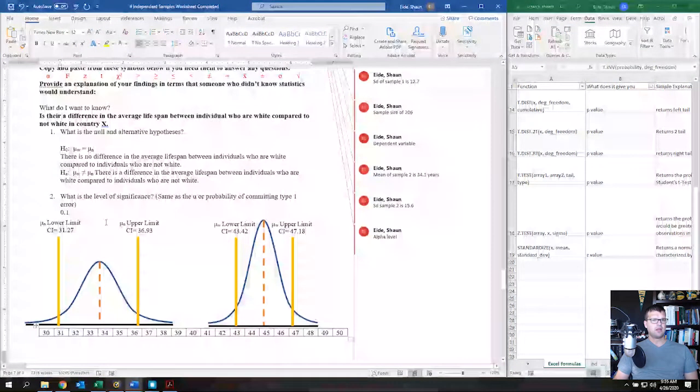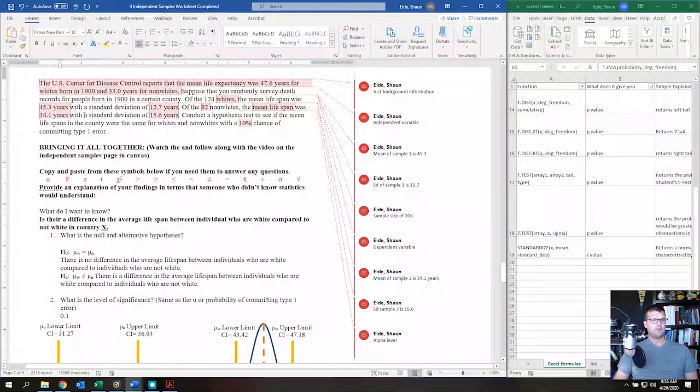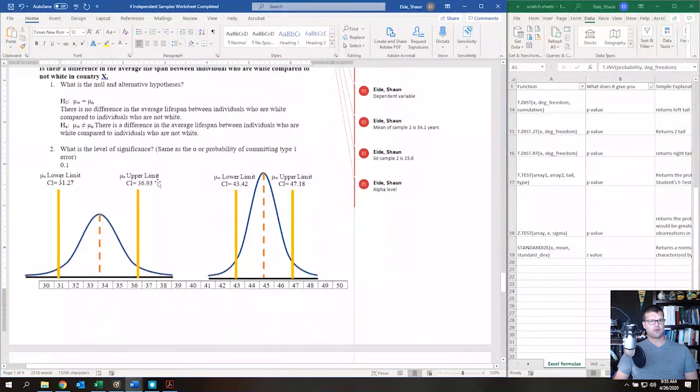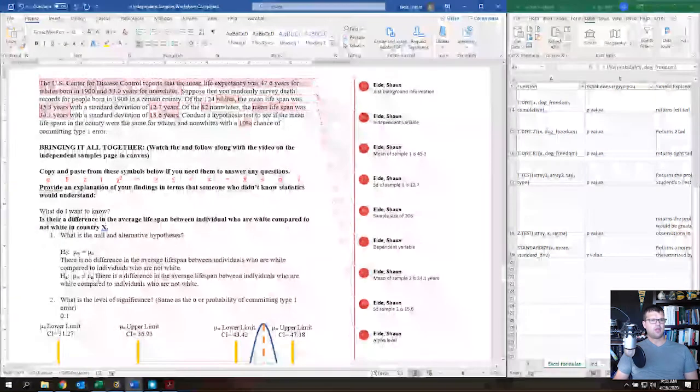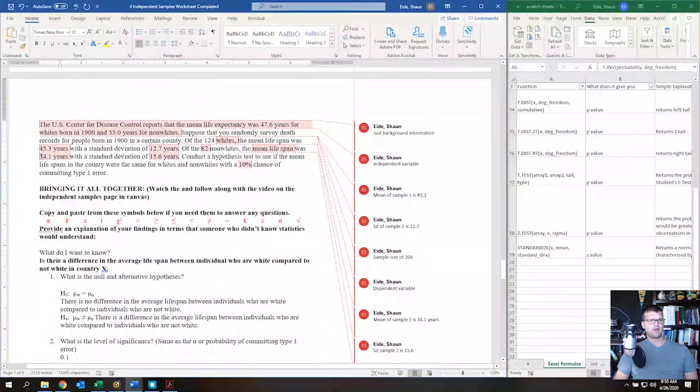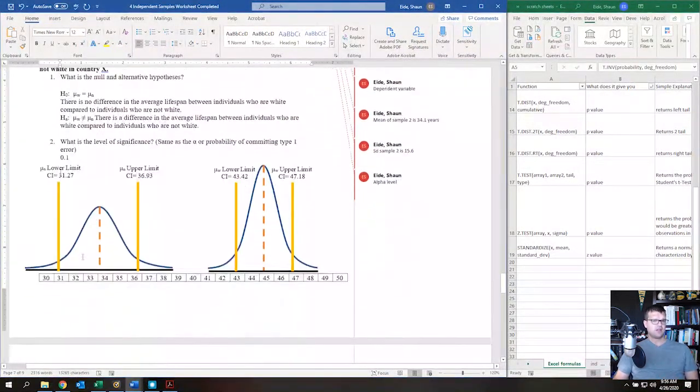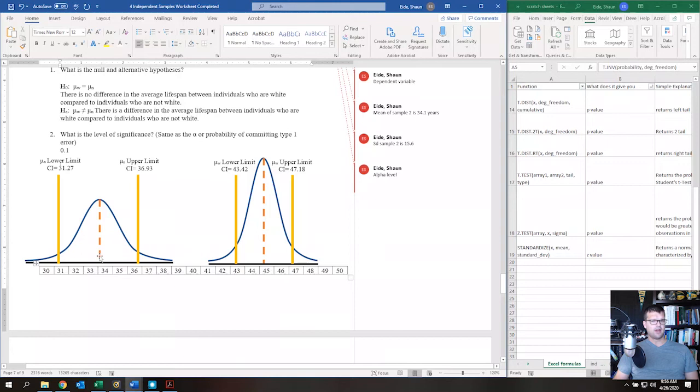We've got the mean. If you come right up here, the mean of individuals who are white is 45.3 years. So we've got 45.3 right there. And then the mean of individuals who are not white is 34.1 years. And so we've got 34.1 right there.